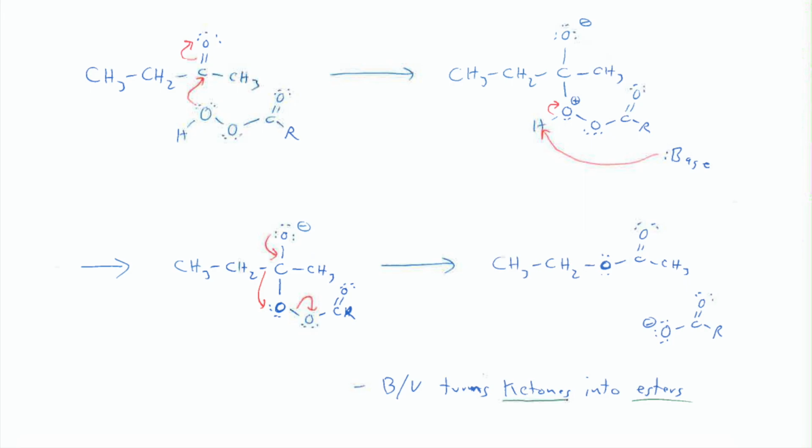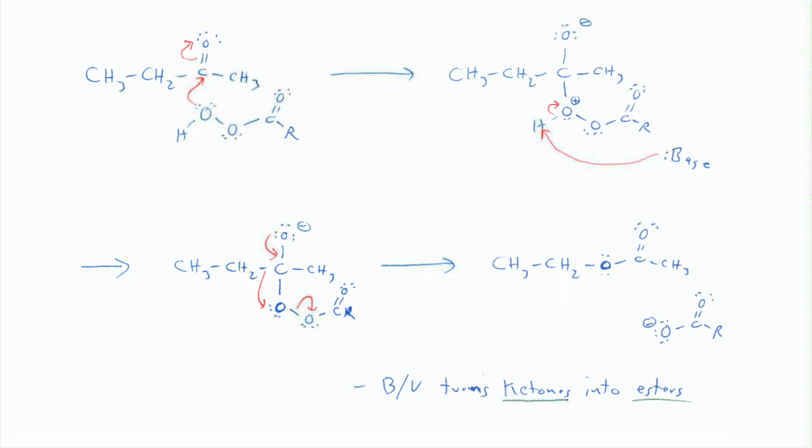When that occurs, you exceed the octet on that oxygen, which then pushes off the other oxygen. And that other oxygen is actually a decent leaving group because that is a carboxylate. It is a resonance stabilized anion, and that's what drives the reaction here.